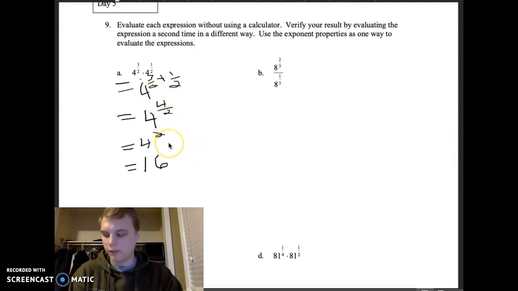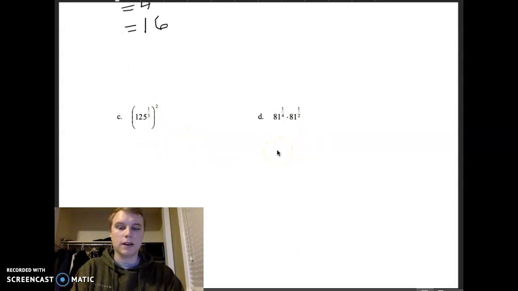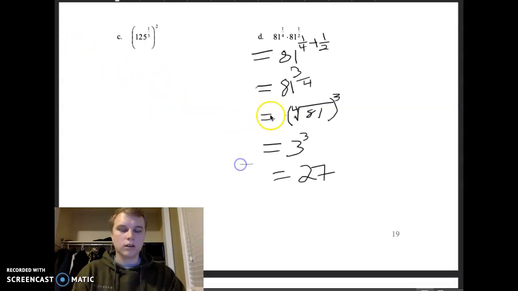I'm going to have you skip down to D, and do that on your own. I'll have the answers for you, but go ahead right now and pause the video and work on that. Here's your result for letter D. You should get 27 here, with our exponents adding to 3/4.